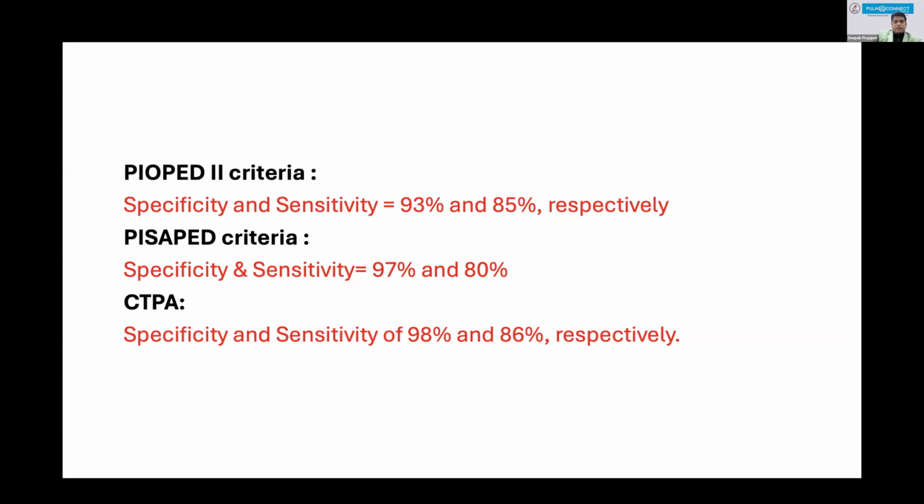With the PISAPED criteria, the specificity is 97% and sensitivity is around 80%. And when we compare with CTPA, the specificity of CTPA is 98% and the sensitivity is around 86%. So if we apply the PISAPED and PIOPED 2 criteria and compare the results with CTPA, it is almost equivalent to CTPA.